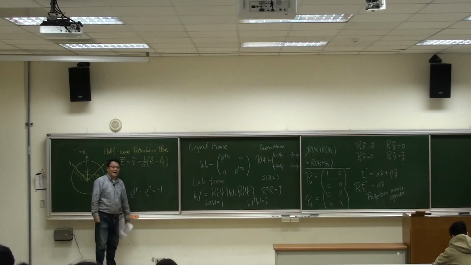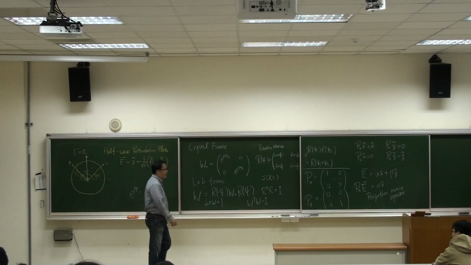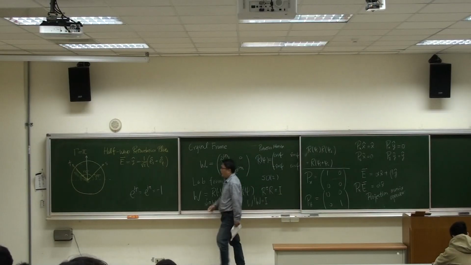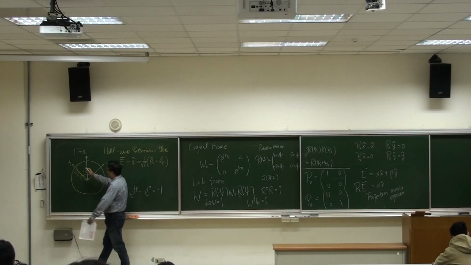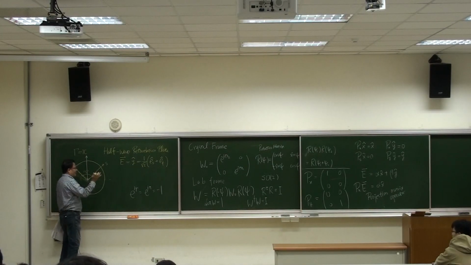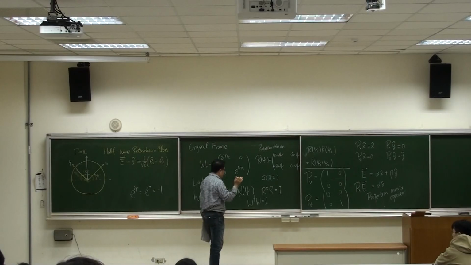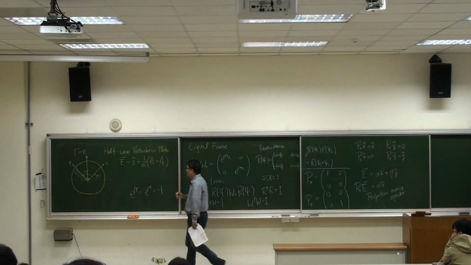Here ES and EF are the two unit vectors along the slow axis and fast axis. And remember that the orientation of the slow axis is 45° with respect to the x-axis.